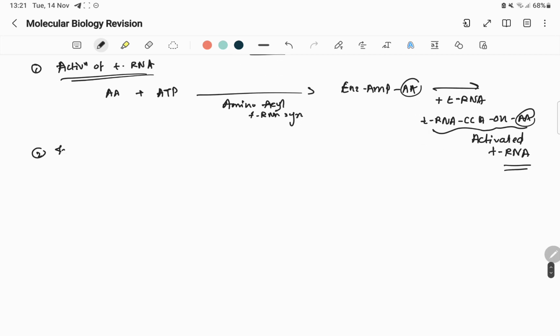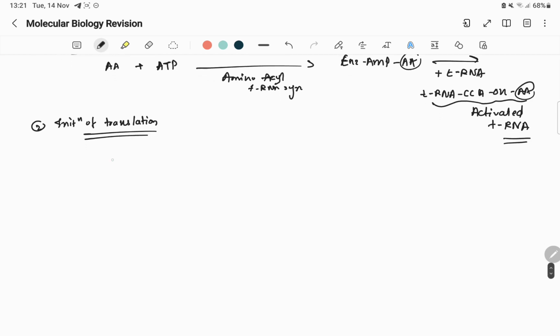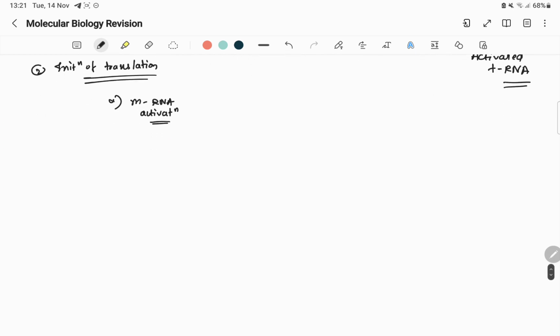Then there will be initiation of translation. So first there will be mRNA activation. We have to activate the mRNA first. So in mRNA activation, here's the mRNA, 5' and 3'. Here you have the AUG sequence.